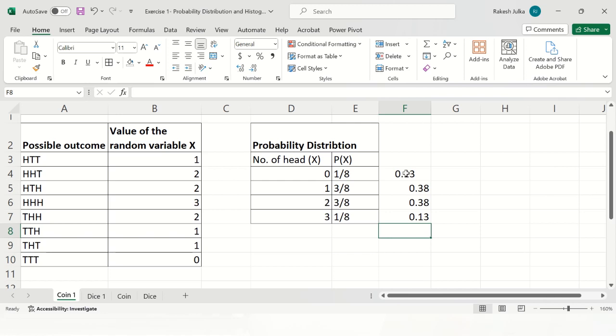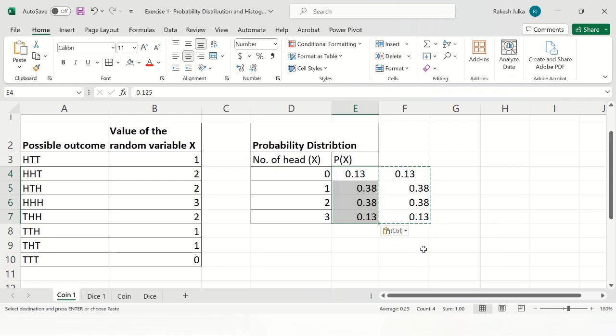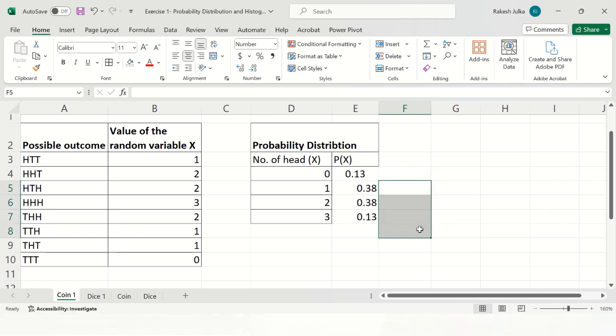What I want here can be used in this column. So copy and paste. If I do copy and paste, I can do it like this, right? So I delete this, then we have this information ready.